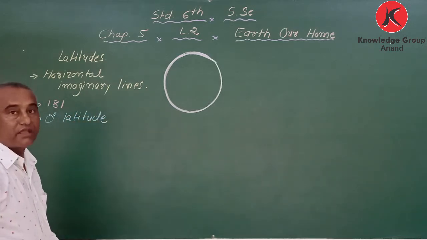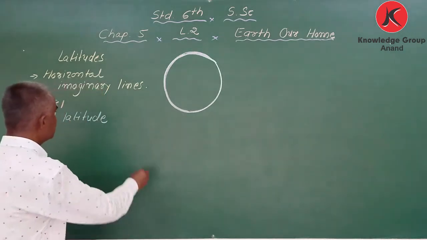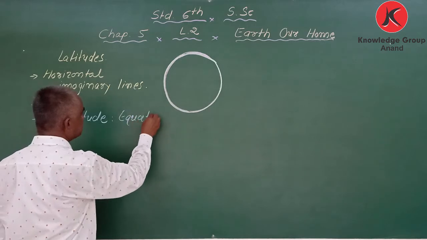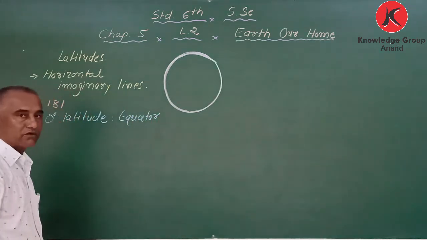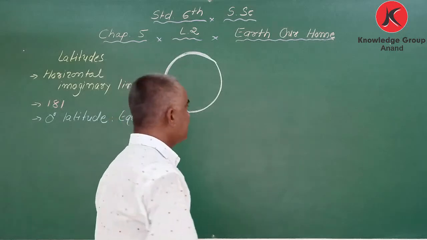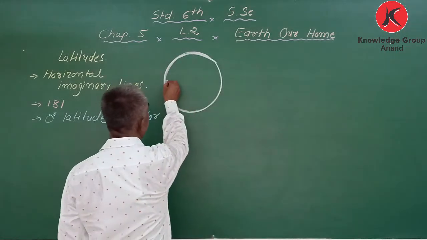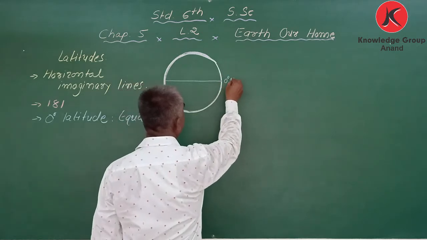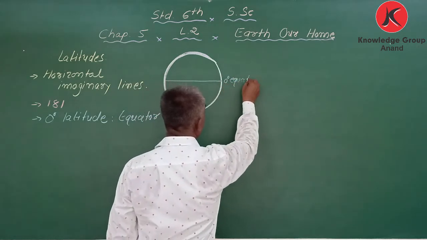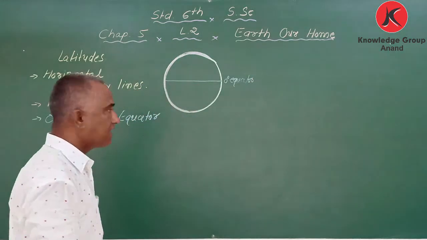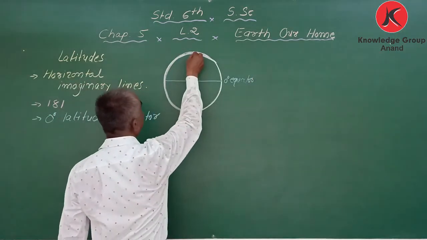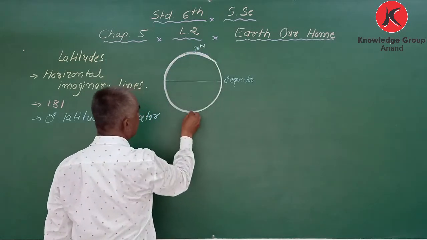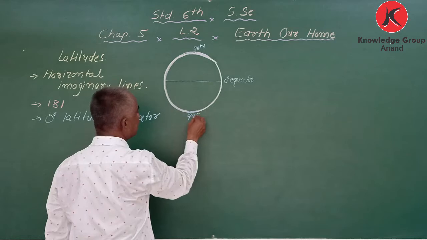Now here I am drawing. This is the 0 degree equator. Here is 90 degree N, and here 90 degree S.